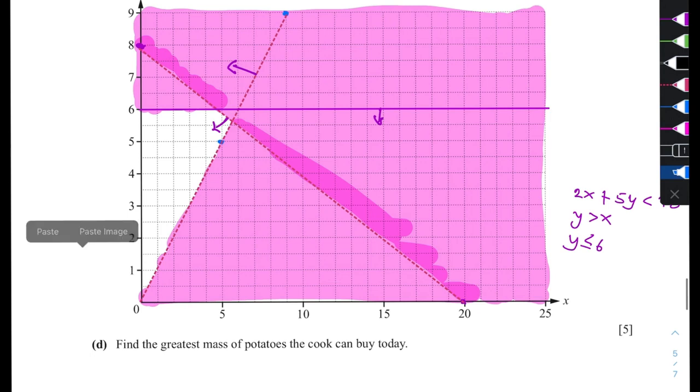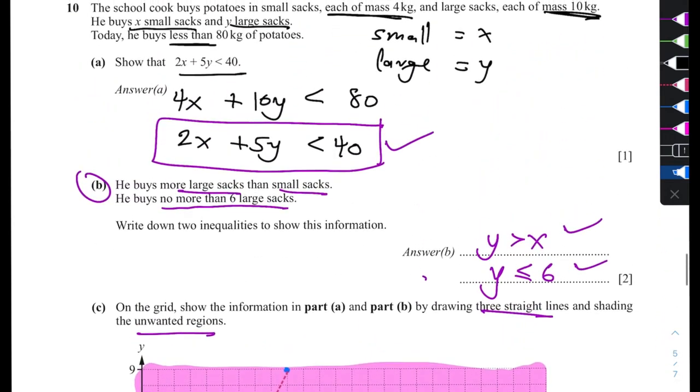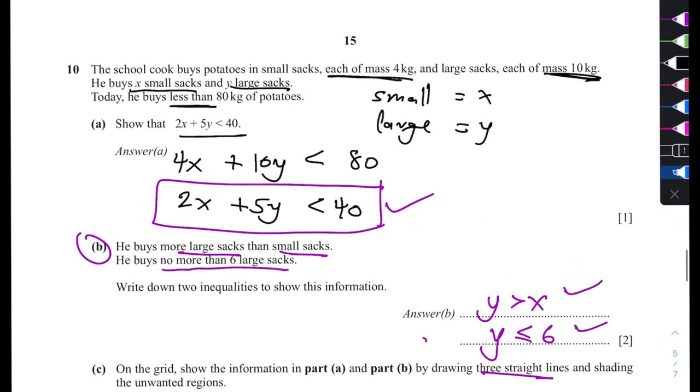Then we are told that we should find the greatest mass of potatoes that the cook can buy today. Well, if we go back, you see that they told us from the preamble here, we were able to achieve this inequality.